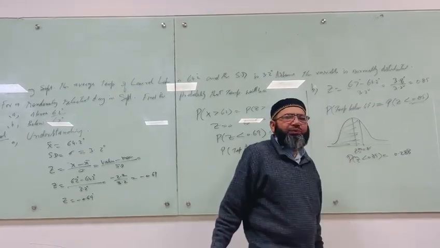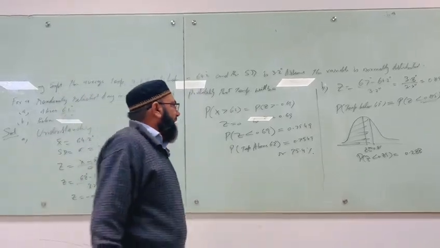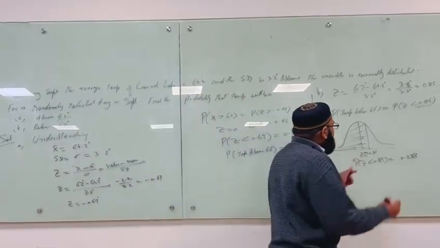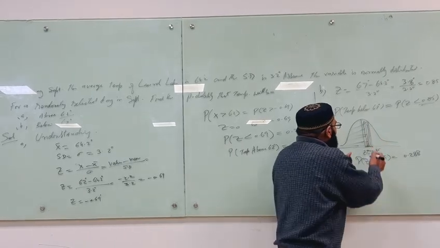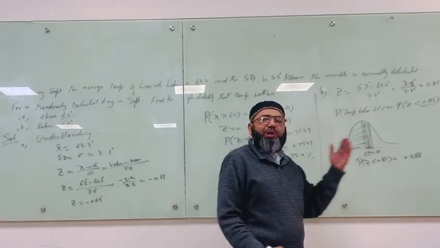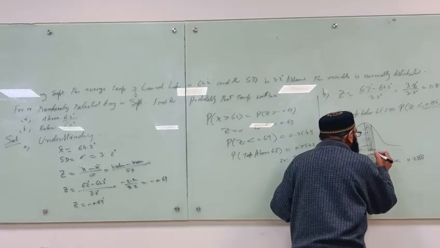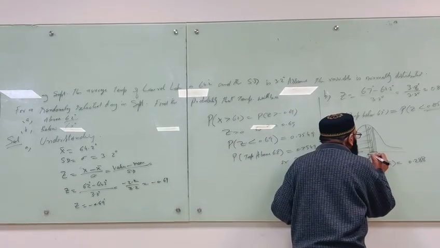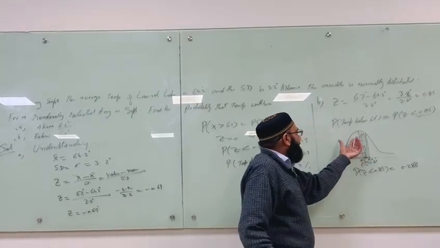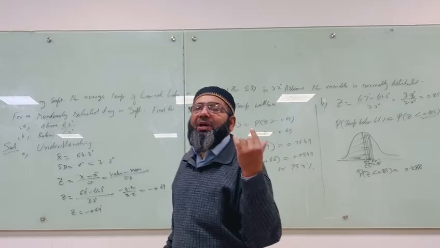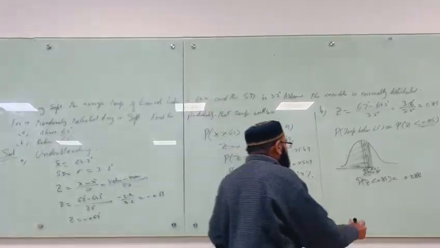This is the area from the mean to here. We have to find everything below this side: it is 67, the mean is 64.2, and this side is the whole left half. The value of this side is 0.5. We have to add.